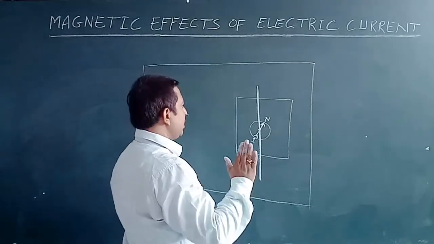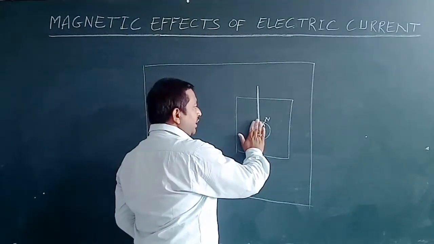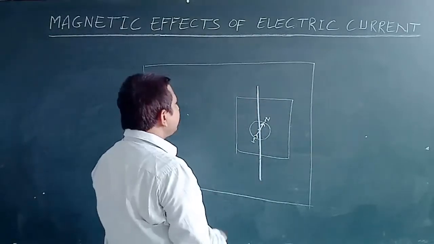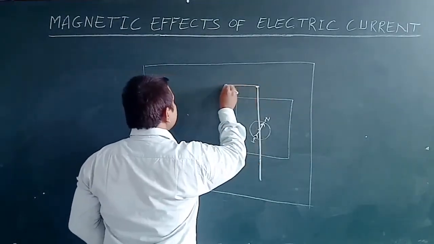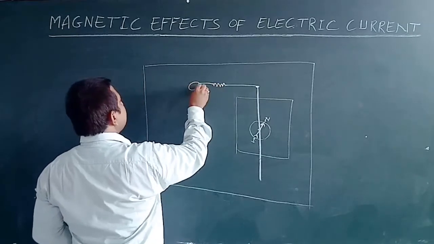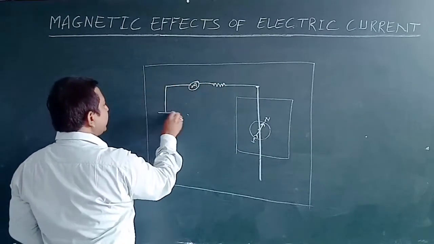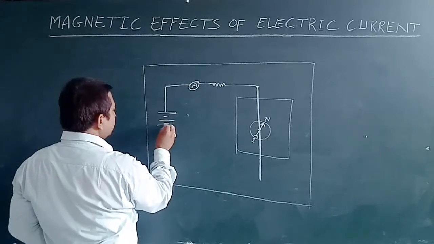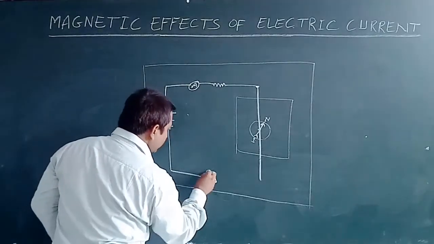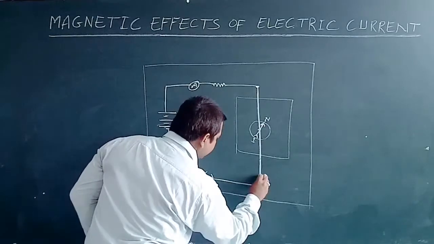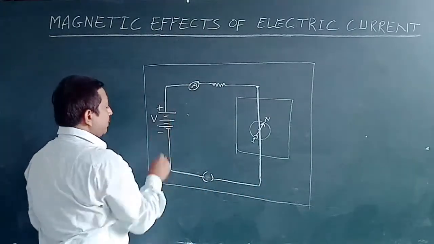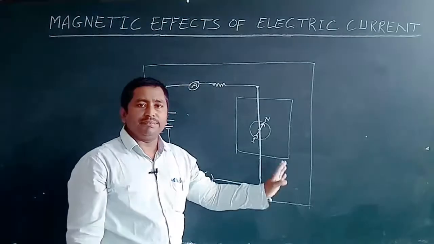The magnetic needle is below and just above it is a thick copper wire, and this wire is connected through a resistor and an ammeter to a battery with the help of a plug key. Now the plug key is in switch off condition.